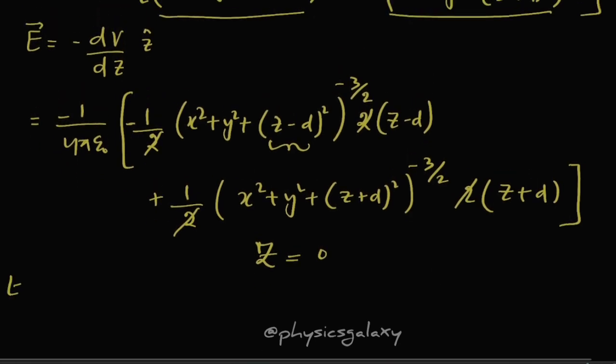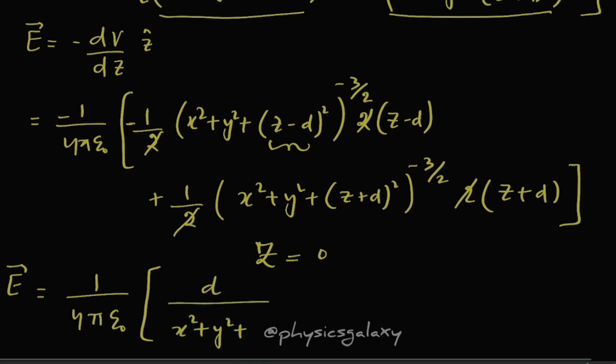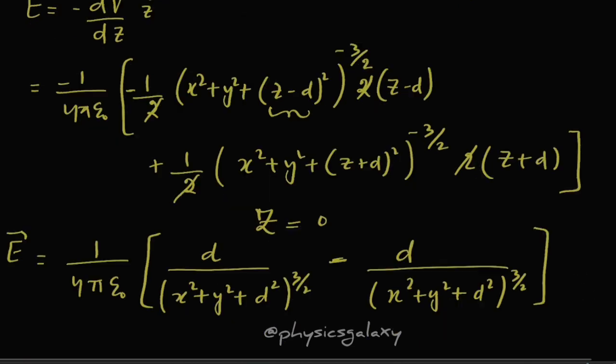So the electric field at z equals 0 will be, minus minus will become a plus, so I will get 1 by 4 pi epsilon naught, then d divided by x square plus y square plus (z minus t) whole square to the power... sorry, z is 0, so simply d square to the power 3 by 2, then minus minus d divided by x square plus y square plus d square to the power 3 by 2 plus 0.